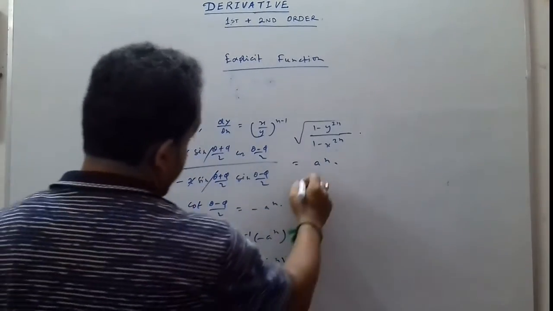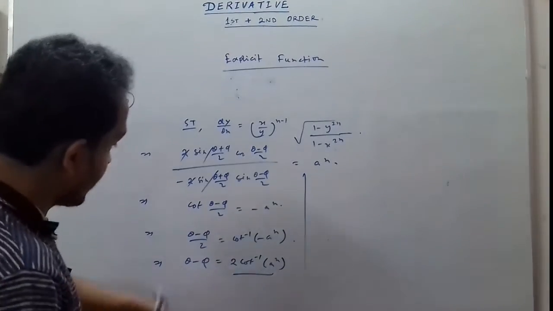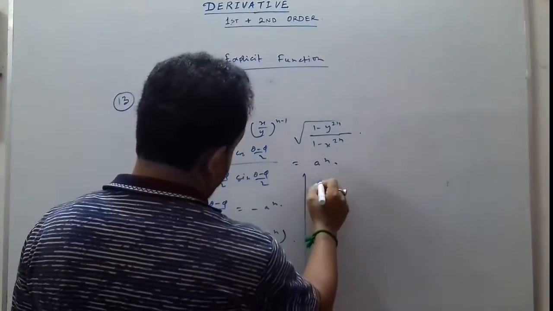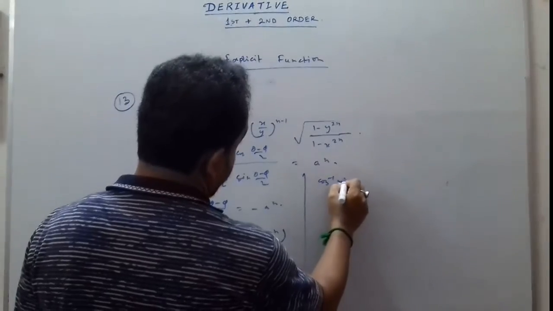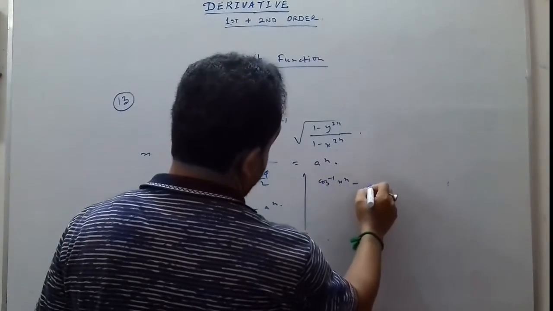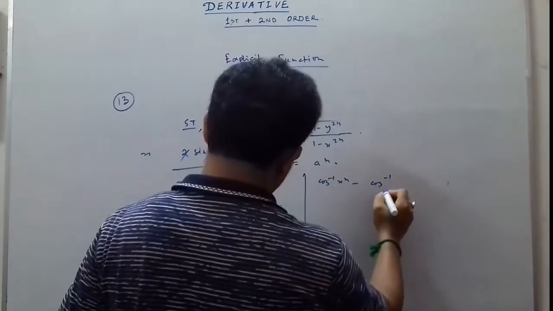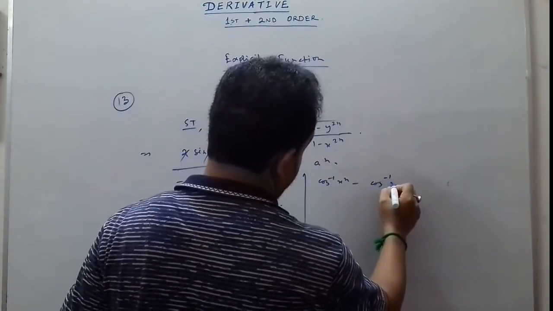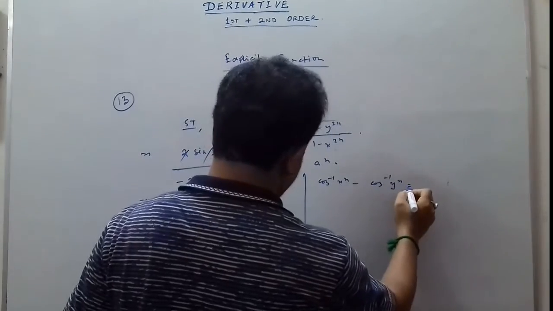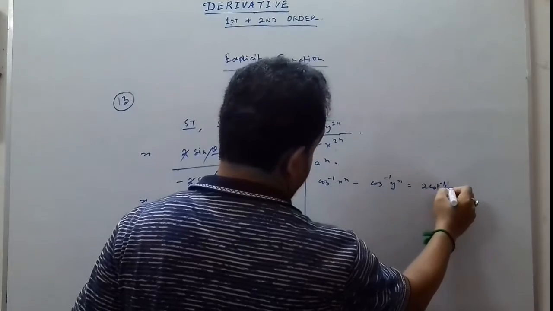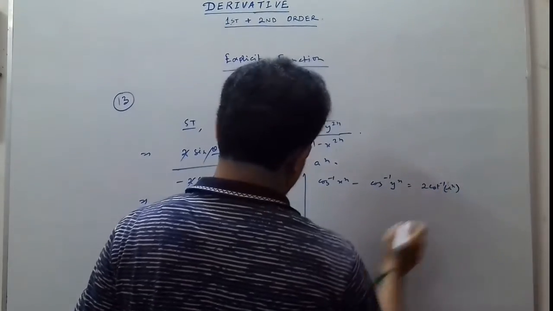And then therefore theta minus phi. Theta means cos inverse x power n minus phi means cos inverse y power n is equal to 2 cot inverse minus of a power n.